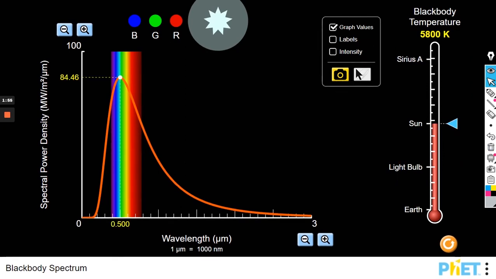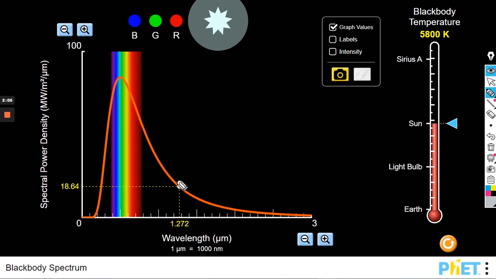Now to use this graph more effectively, there are a few additional tools, and these are turning on the values of the graph. Here you can see that I can get the values of spectral power density as well as the wavelength whenever I want. So I am right here. Now you can see corresponding to this point, my wavelength is 1.272.